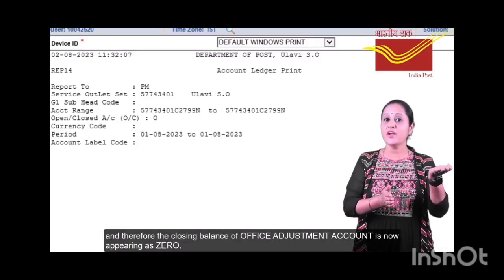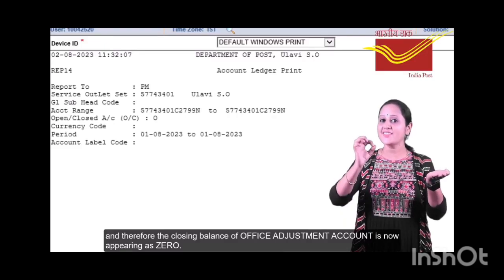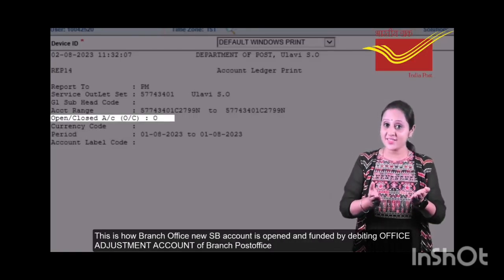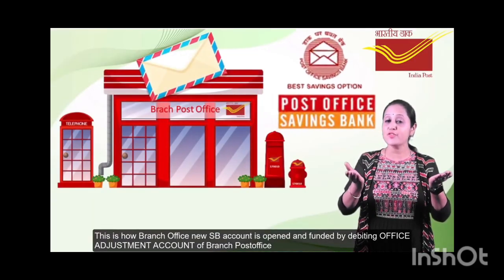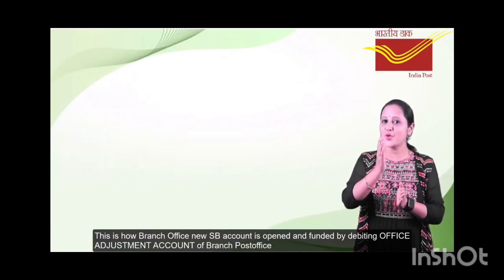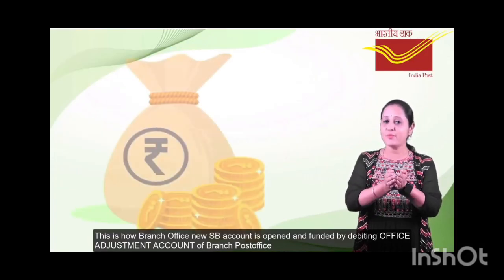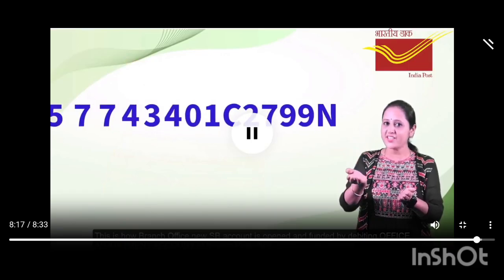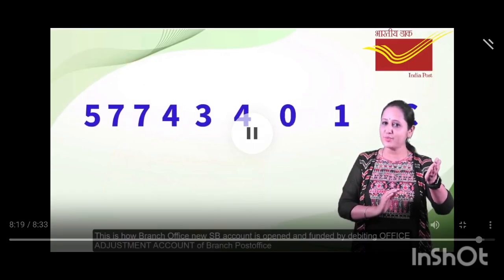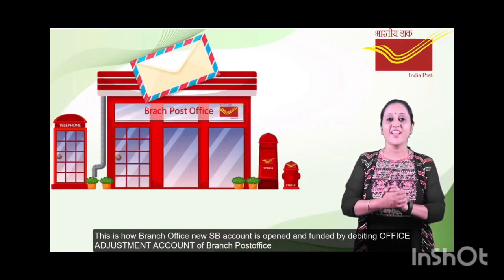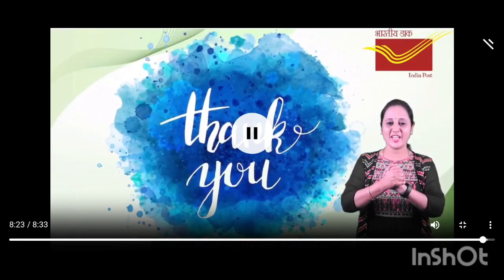Therefore, the closing balance of office adjustment account is now appearing as 0. This is how the branch post office new SB account is opened and funded by debiting office adjustment account of the branch post office, friends.